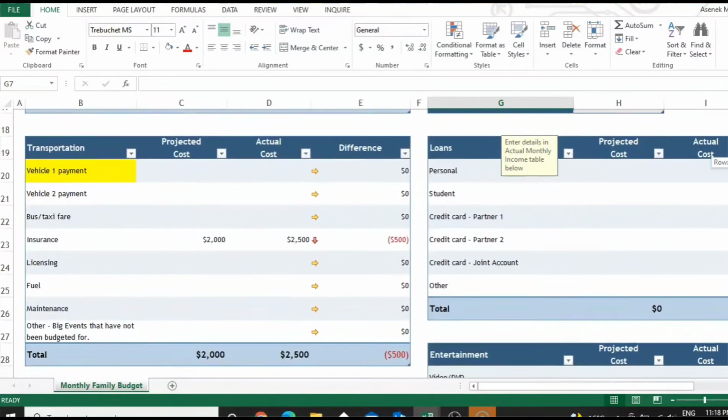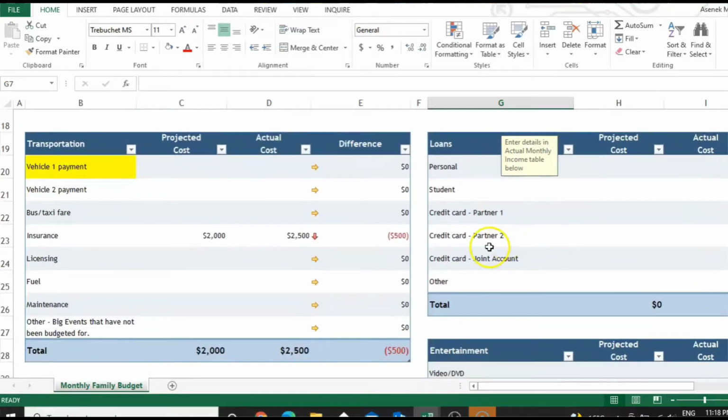The next category is transportation. Under transportation, you want to enter the amount for maybe your partner's car, or your own car that you pay every month. If you're taking taxis or buses, you enter your monthly bus cost, your insurance, license, fuel, maintenance, and other big events that have not been budgeted for. You can enter that.